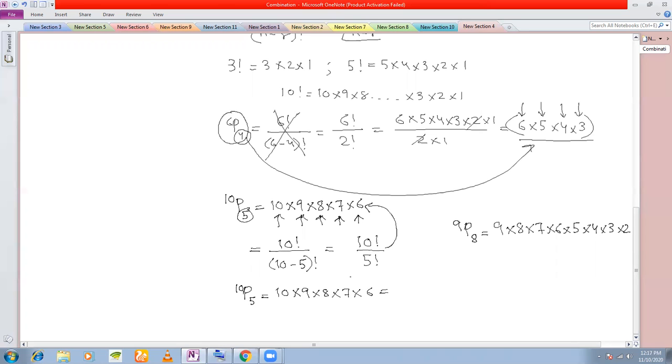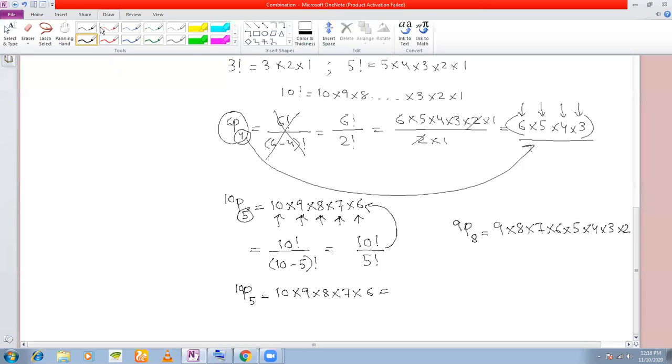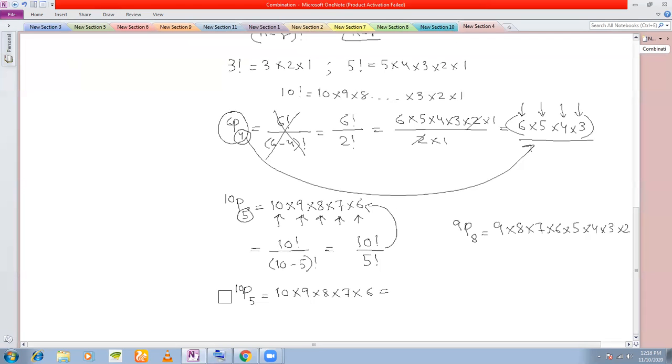But the important observation here is for the factorial of a number, not for nPr. nPr stops here only. I'll give you a very interesting property of factorial. But what you learn from here is that if you want to calculate 9p8, you start from 9 and you must have 8 terms.